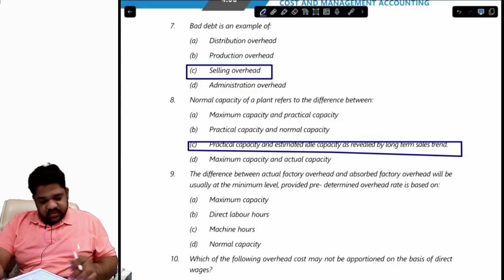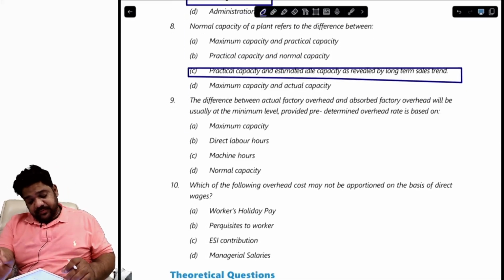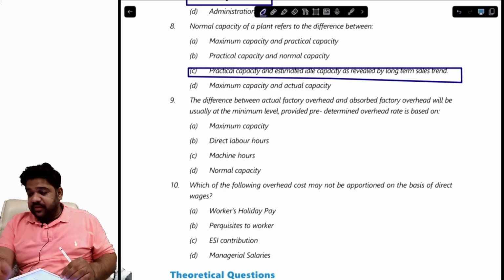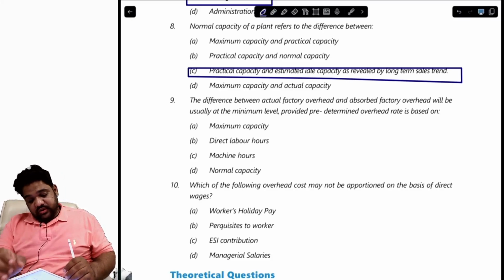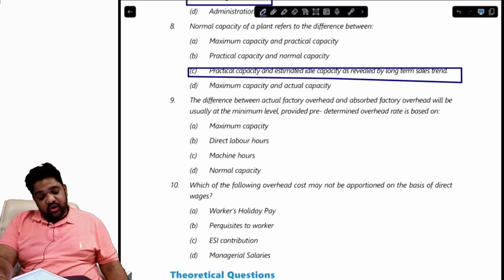The difference between the actual factory overheads and the absorbed factory overheads will be usually at the minimum level. So actual and the absorbed will be at the minimum, provided the predetermined overhead rate is based on maximum capacity, direct labor hours, machine hours, or normal capacity.